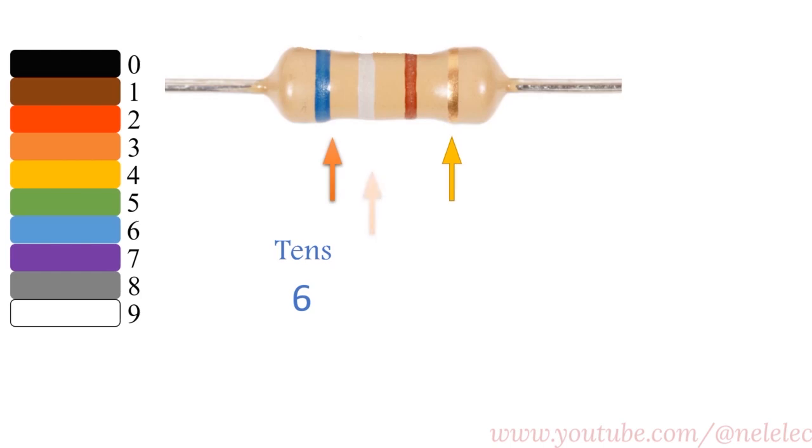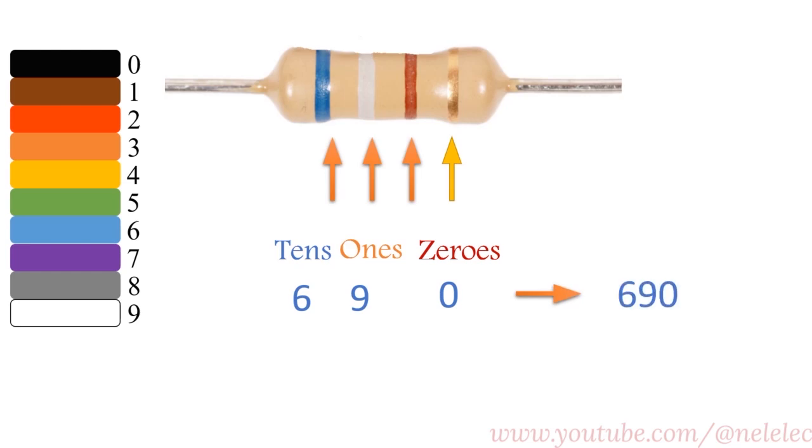The second band is white, indicating the digit 9 in the ones place. The third band specifies the number of zeros and is brown in color. Since brown has the code 1, we add 1 zero to the right of the digit that we've written. Therefore, the value of this resistor is 690 ohms.